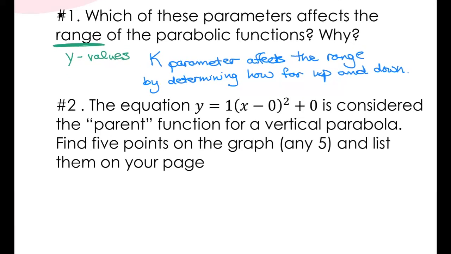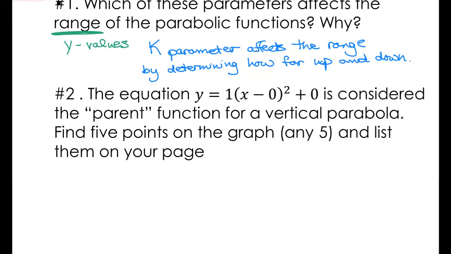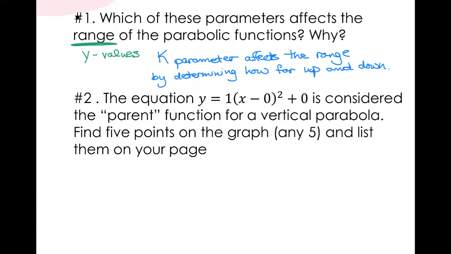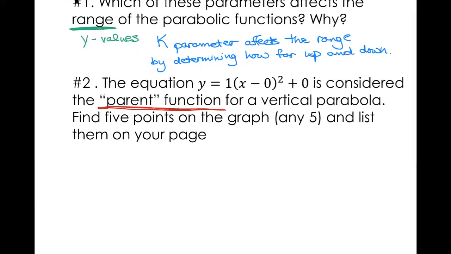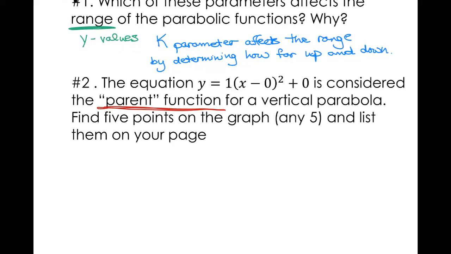All right. Number 2 says the equation y equals 1 times quantity x minus 0 quantity squared plus 0 is considered the parent function for a vertical parabola. Find 5 points on the graph, any 5, and list them on your page.